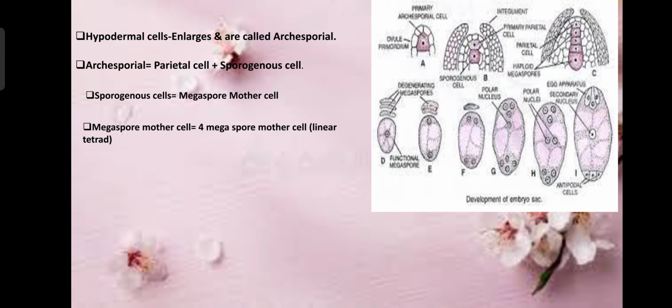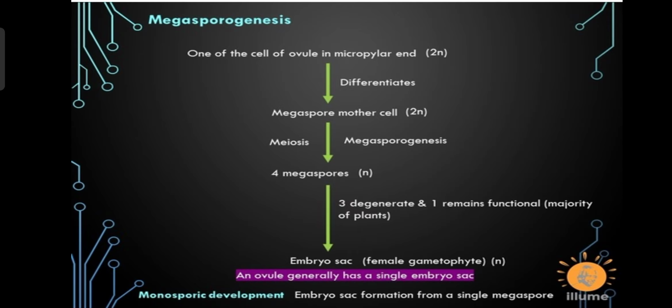Out of these 4 megaspores, 3 degenerate and the remaining 1 becomes active and starts to function, and this active megaspore develops into a female gametophyte or embryo sac. Therefore the development of the embryo sac from a single megaspore is called monosporic development.